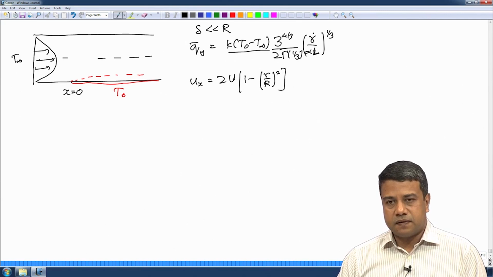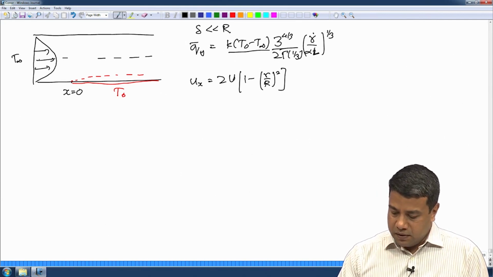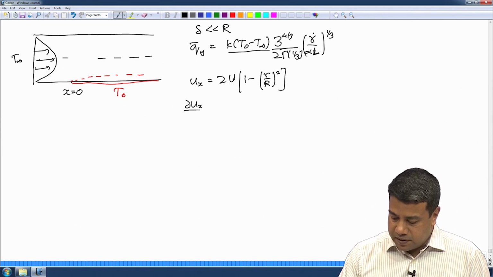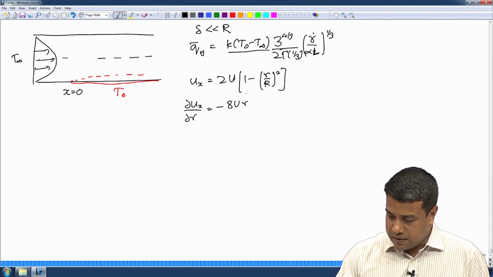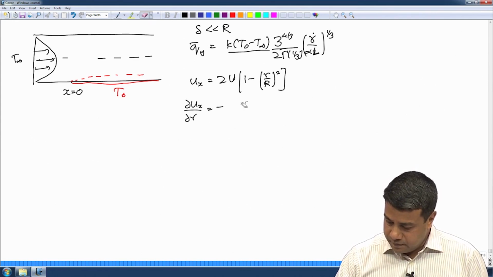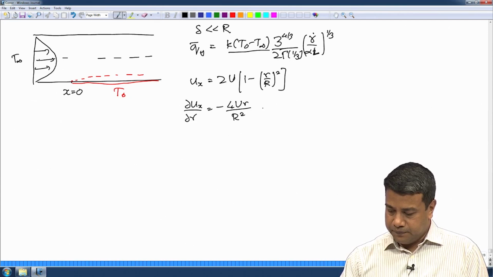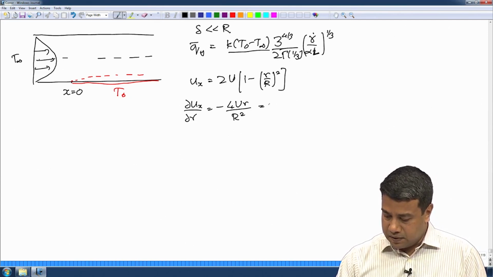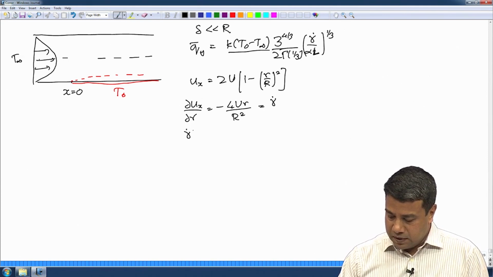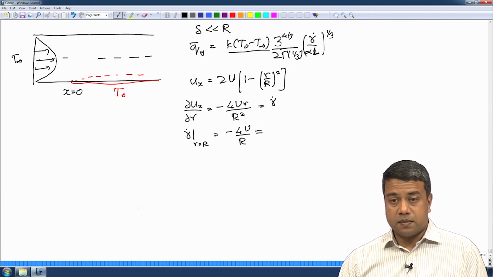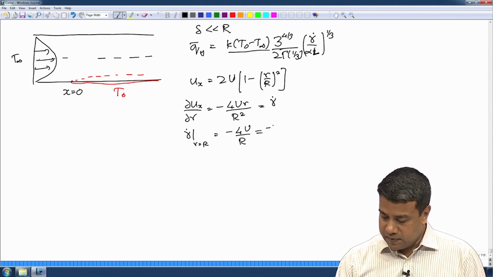We had calculated this for a parabolic profile, which means that partial ux by partial r is equal to minus 8 u r by R square. There is a strain rate which is gamma dot. At the wall, gamma dot at r equal to R is just going to be equal to minus 4 u by R. If I write it instead in terms of the pipe diameter d, this just becomes minus 2 u by d.